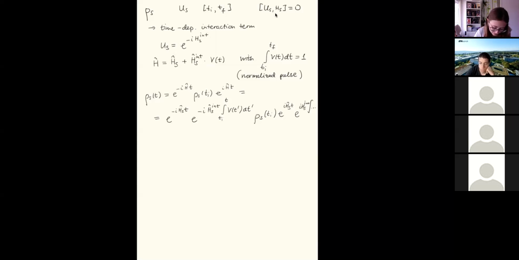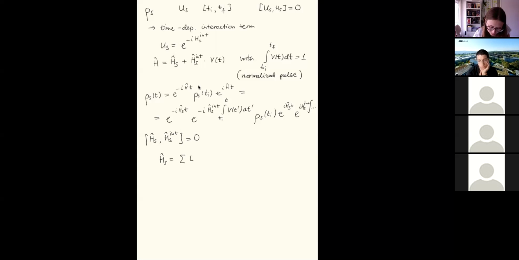Okay, and since we have this property of these two Hamiltonians commuting, because of the fact that I just mentioned, it means that they have a common basis in which they're both diagonal.